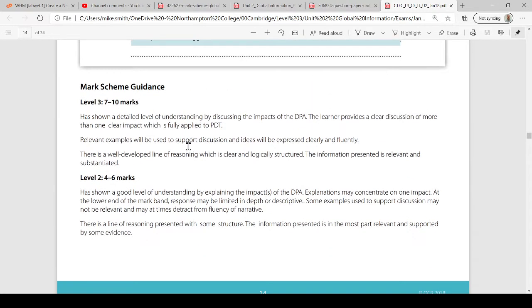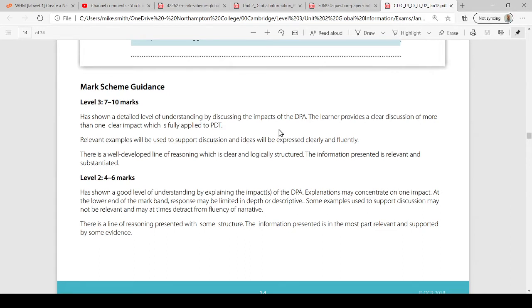So to pull the full 7 to 10 marks out of this question, you need to be in this level 3 mark band. And the moderator is telling us that the answer needs to be detailed. You need to be demonstrating that you really do understand what the Data Protection Act is about.